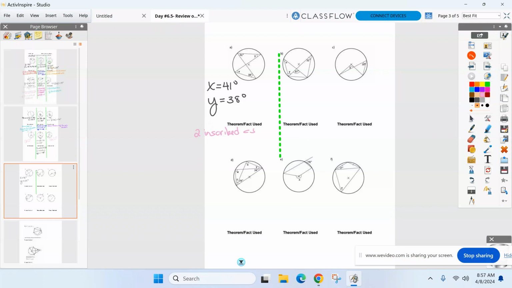Not a diameter this time, but Lily? Same arc. Yep, two inscribed angles drawn to the same arc are congruent. So there's a new review fact.